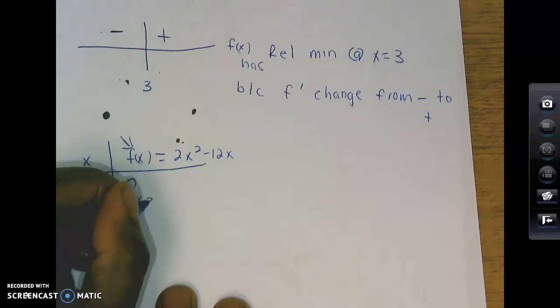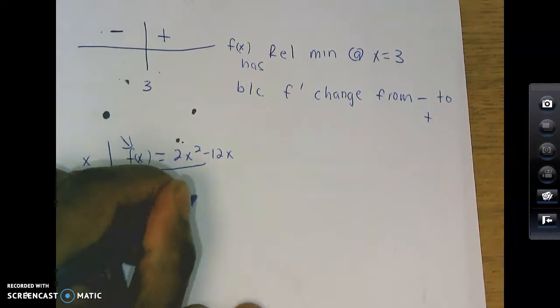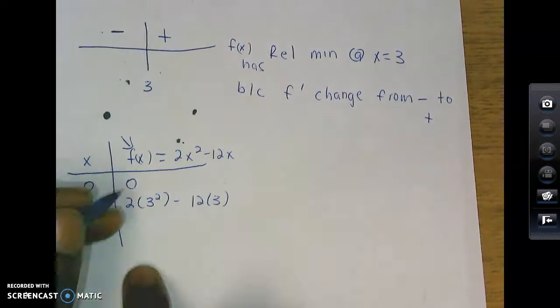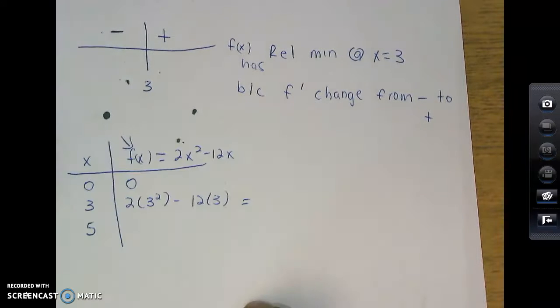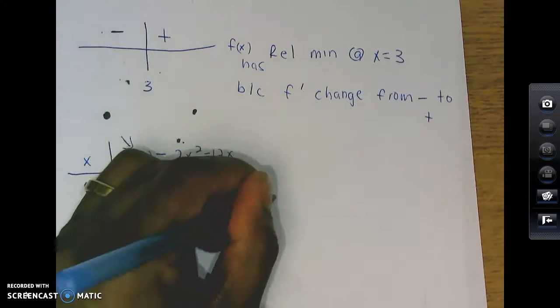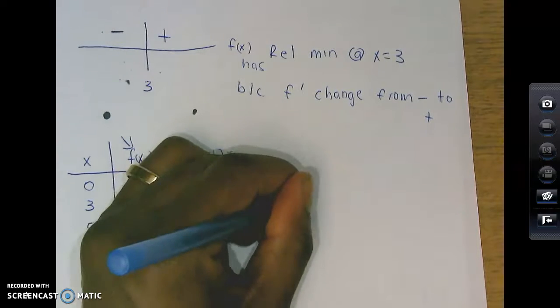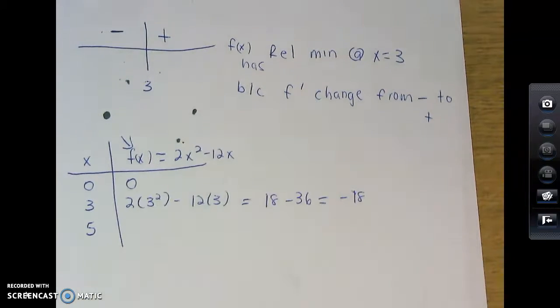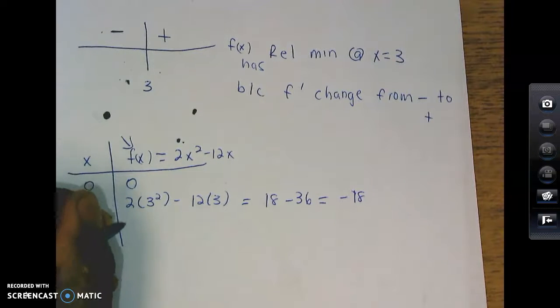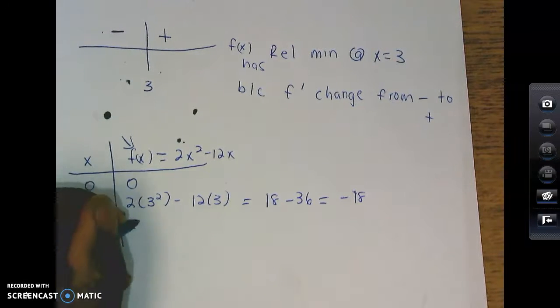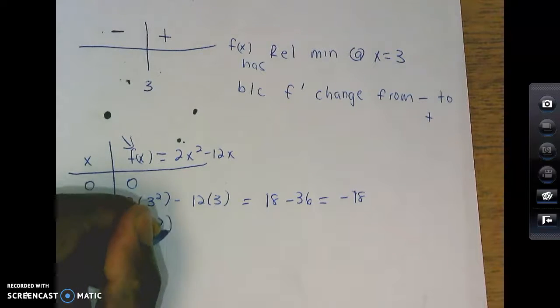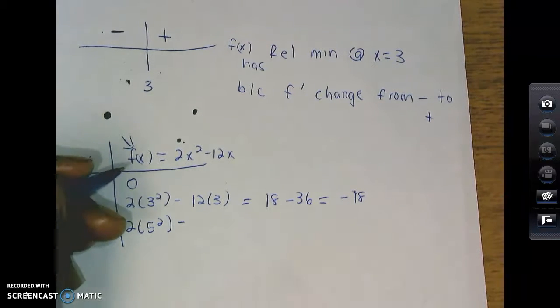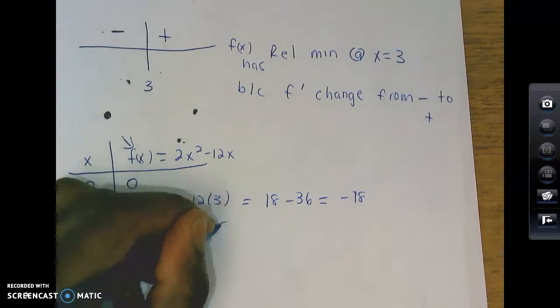That's going to be 2 times 3 squared minus 12 times 3. So that's going to equal 2 times 9, which is 18, minus 36. So that's going to give us negative 18. And then plug in 5. We get a little bigger values going on here. We have 2 times 5 squared minus 12 times 5.